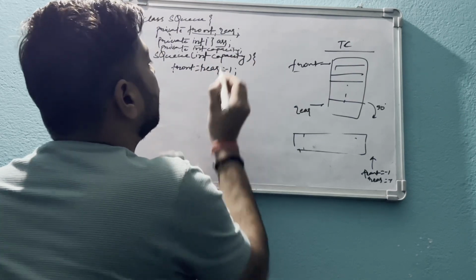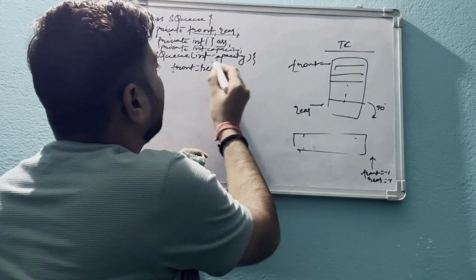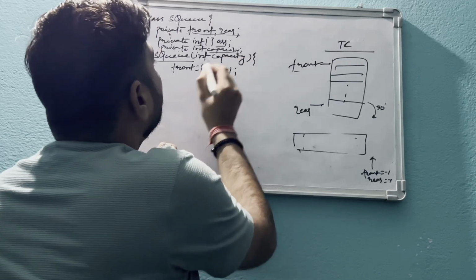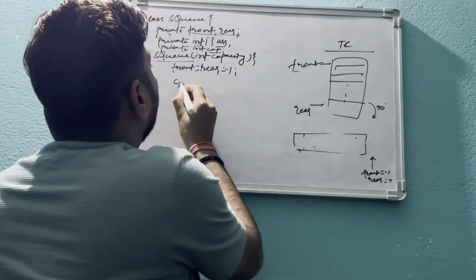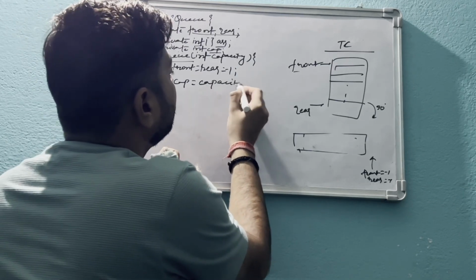So let's say I've provided the capacity. Initially, once I am running my constructor, I'll assign the capacity to this. Let's say I just named it cap, and the cap variable would be assigned the value of capacity.